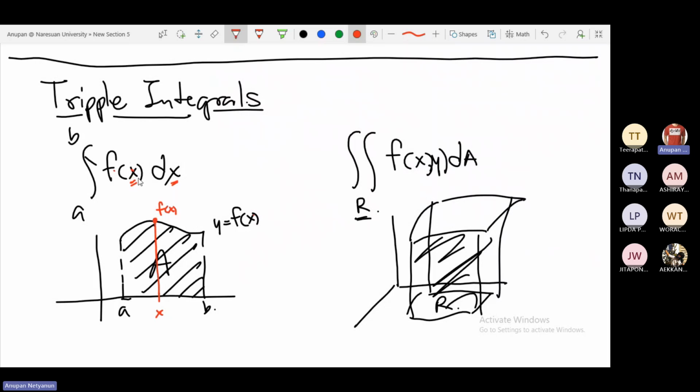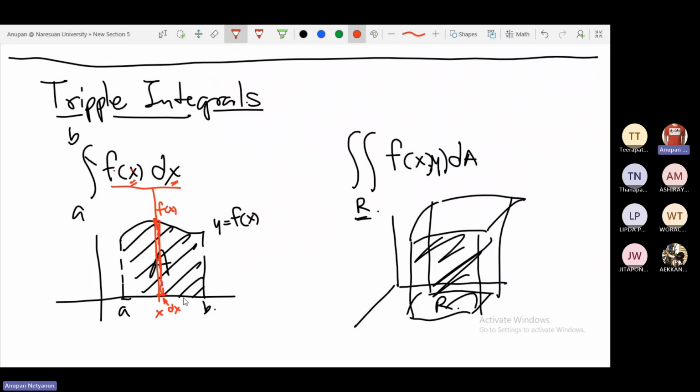So your f(x) acts as a height. For this x, I put dx here. So I can form a rectangle. Then dx times f(x) is the area of this small rectangle here.